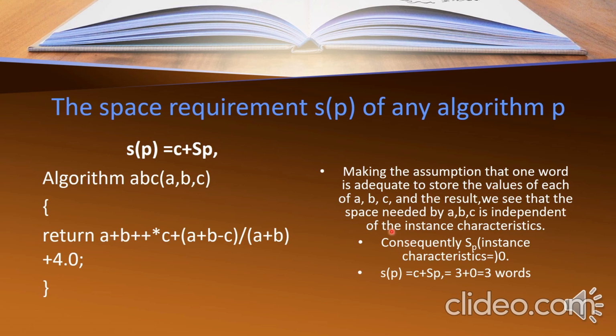So the space complexity is S(P) = C + SP = 3 + 0 = 3 words. Why 3? Because A, B and C are fixed parts and each takes one word: 1 + 1 + 1 is 3 words.